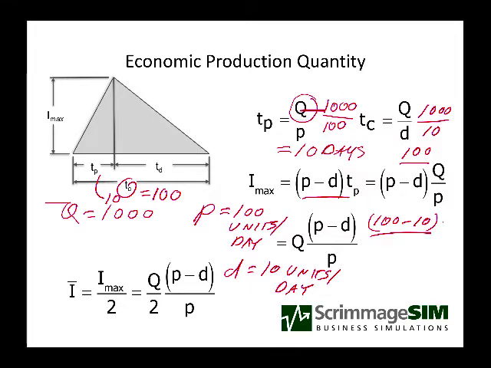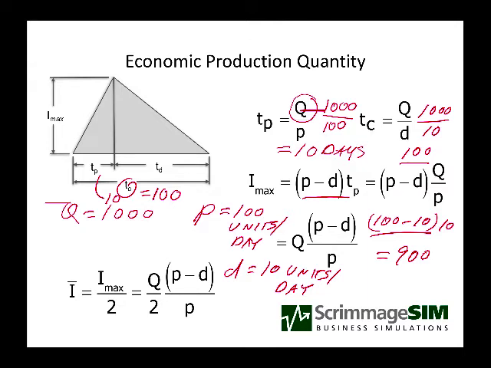Then if we multiply that by the period of time that we're producing, T sub P, which is 10, this will give us 900 as our peak inventory. So we're going to produce 1,000 parts, and it's going to take us 10 days to do this. During those 10 days, we're selling 10 units a day, so we're going to sell 100 of those off. So at the point where we turn off the piece of equipment, the maximum inventory is going to be 900.